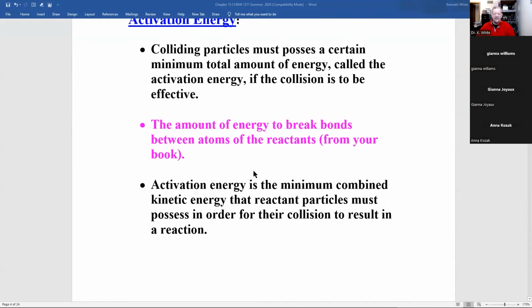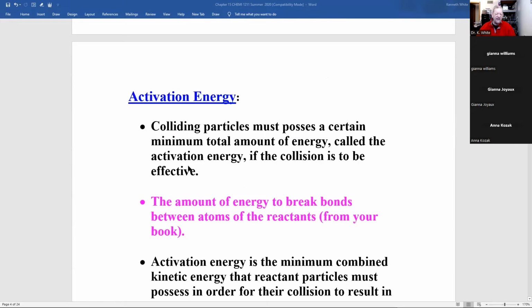A couple other ways of thinking of activation energy. That's the amount of energy to break bonds between atoms of reactants. That's from your book. But anyways, another way of thinking of activation energy is the minimum combined kinetic energy, that means how fast they're coming together, that reactant particles must possess in order for their collision to result in a reaction.